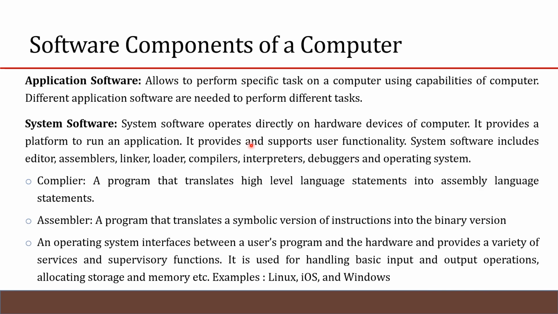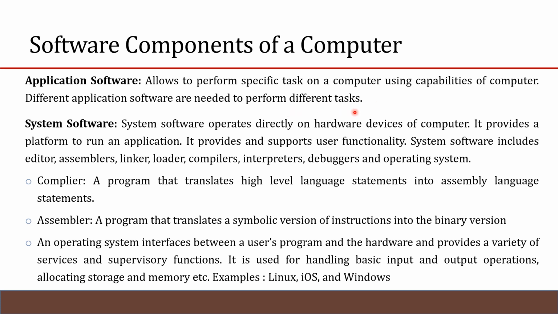Now let's look into the software components of a computer. As we said, we'll have two types of software: application software and system software. The application software allows us to perform a specific task on a computer using the capabilities of the computer. Different application software are needed to perform different tasks.